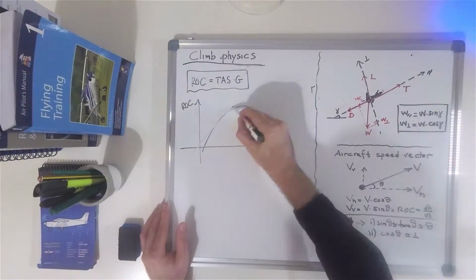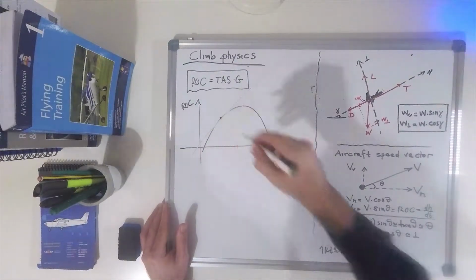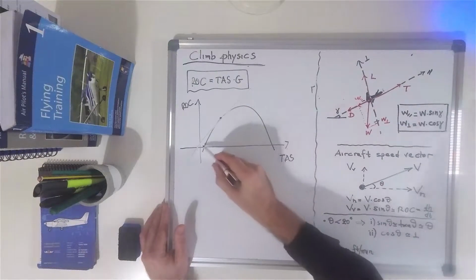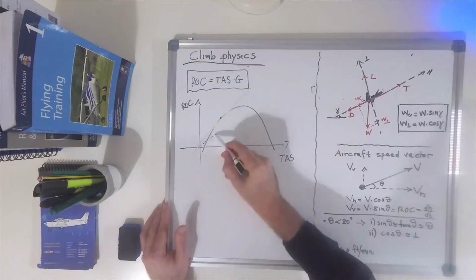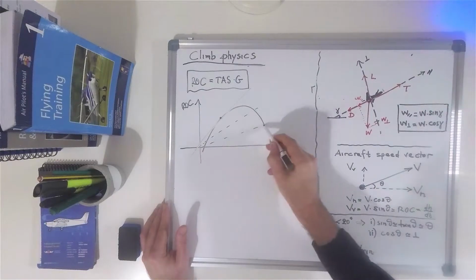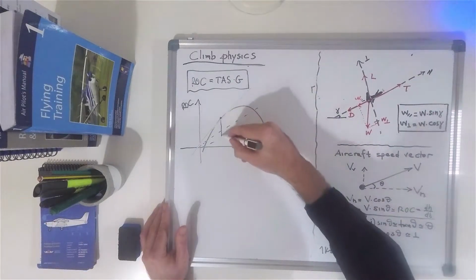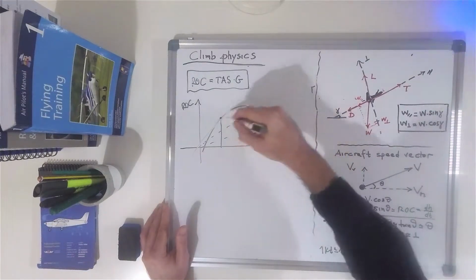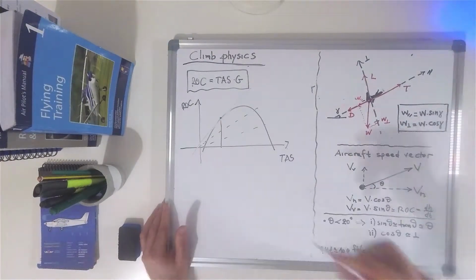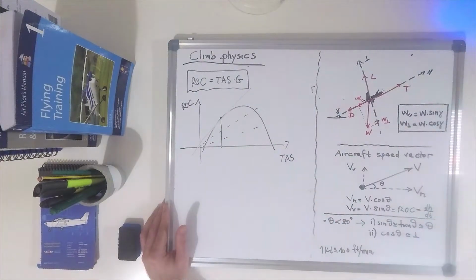So every other climb gradient would be less for greater airspeeds than this or for smaller airspeeds than this.